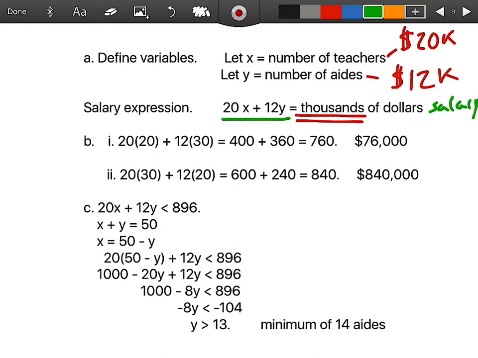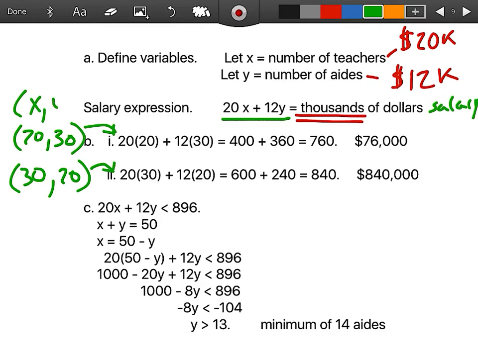In this expression, they wanted to find the point when you had 20 teachers but 30 aides. That's what this one is. And your second one is when you had 30 teachers and 20 aides. So remember this ordered pair is x, y.